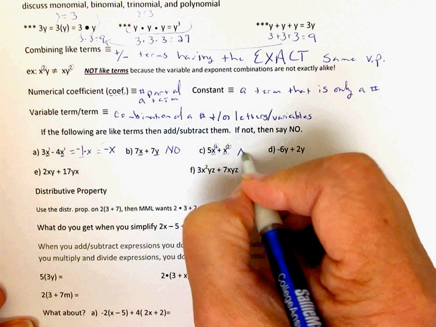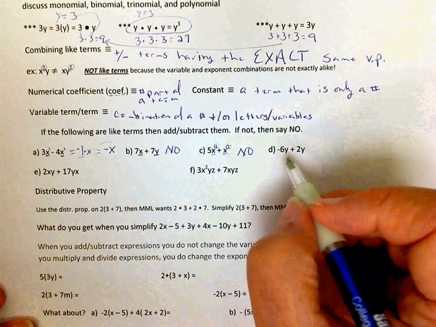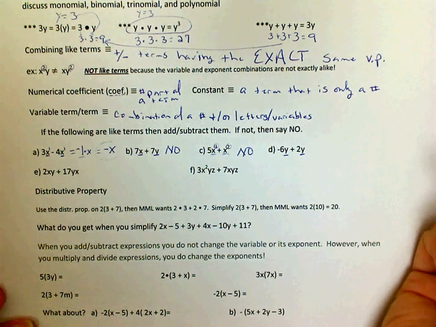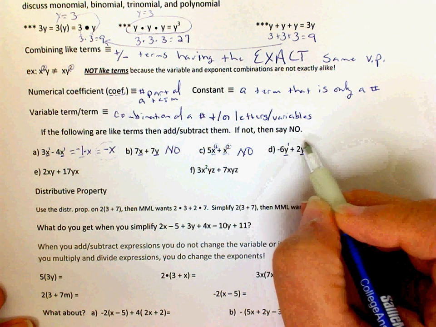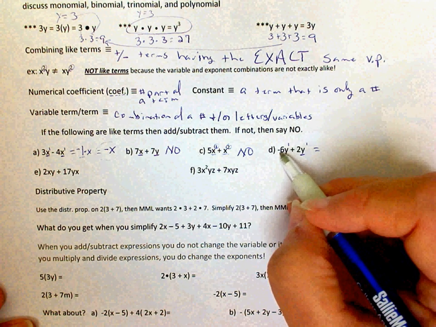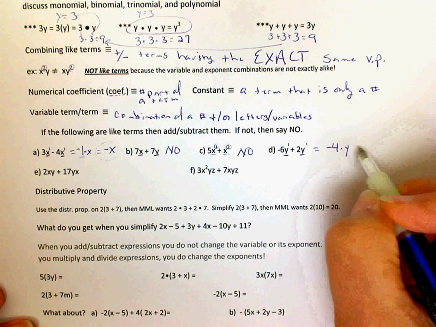So that answer is also no. Negative 6y plus 2y. Well, y is the same, exponents are the same, so I can combine them. So negative 6 plus 2 is negative 4, and then we just tack along our y.